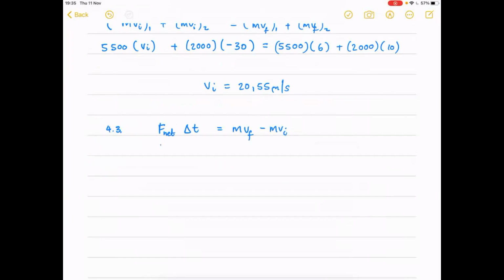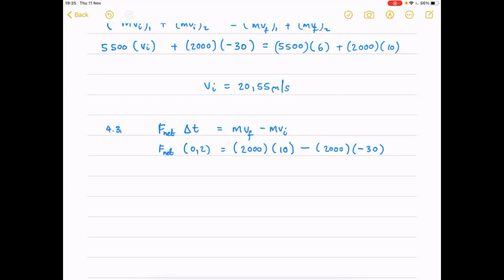Okay, so we can rewrite that as the net force multiplied by 0.2 seconds is equal to 2,000 multiplied by 10 minus 2,000 multiplied by minus 30.